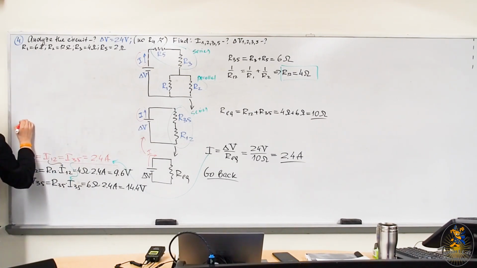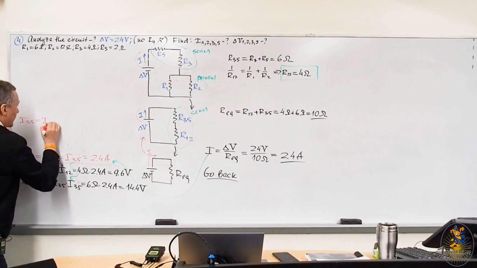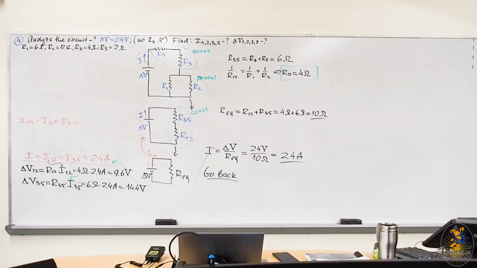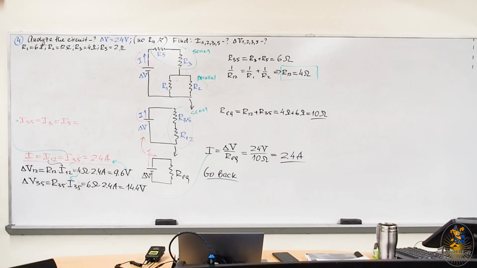Currents, so I35 equals, hold it. Yeah, current in series. So I35 equals I3 equals I5. And current I35 again comes from this, 2.4.